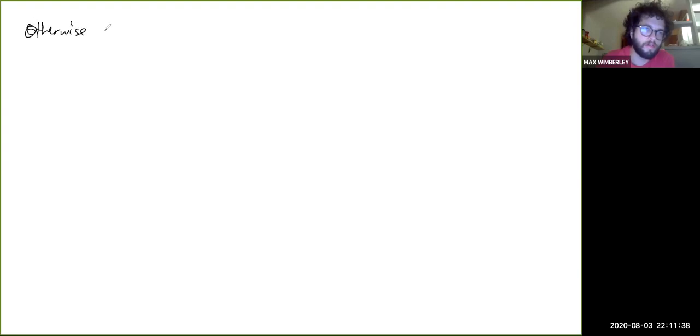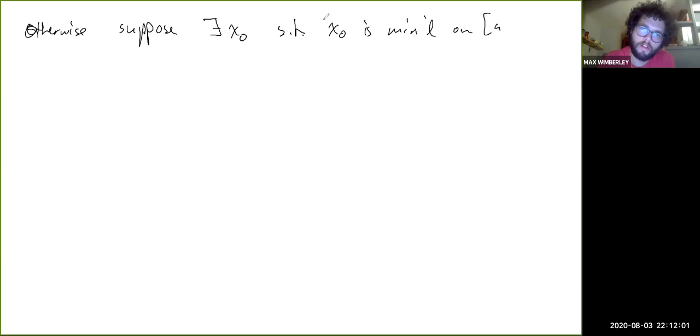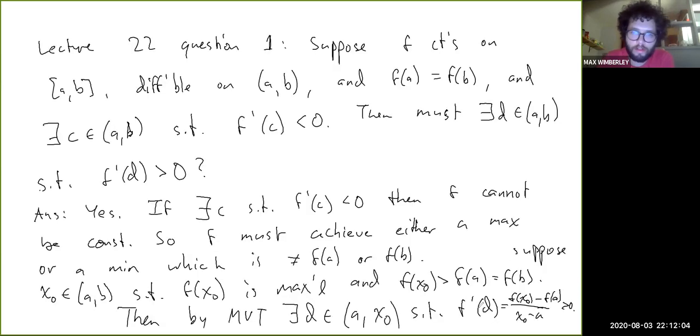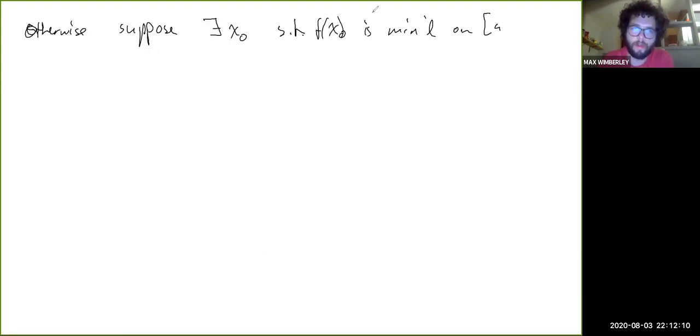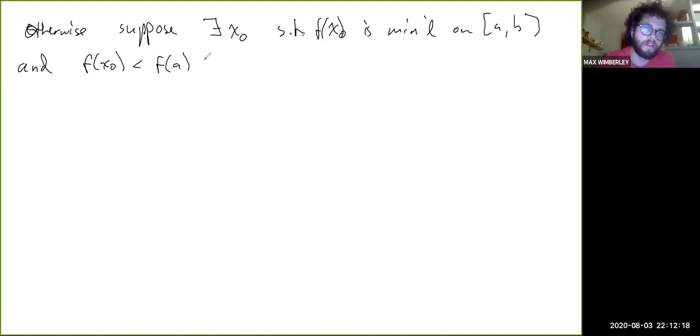Otherwise, suppose there exists an x naught in (a, b) such that f of x naught is minimal on [a, b], and f of x naught is less than f of a, which is equal to f of b.